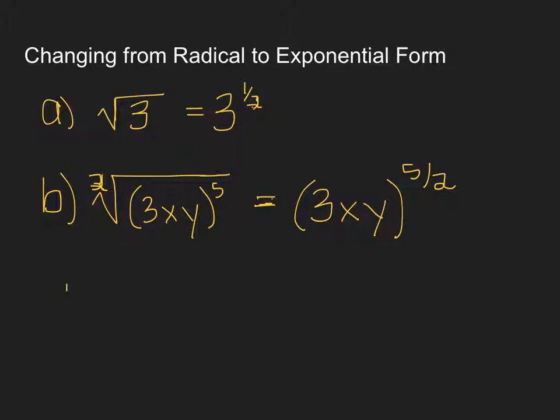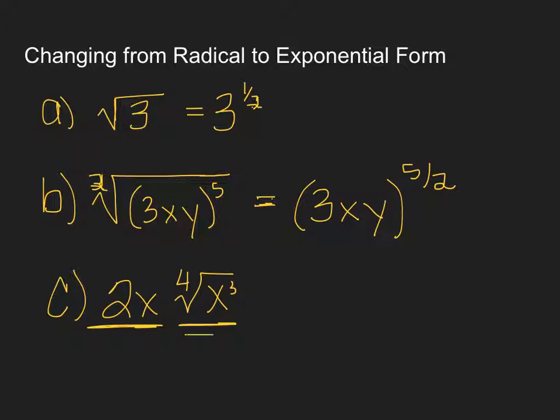Finally, we'll take a look at a third example. This example is 2x times the 4th root of x cubed. Here we have two parts. Our first part is 2x.